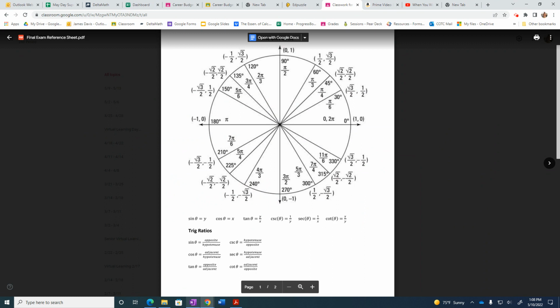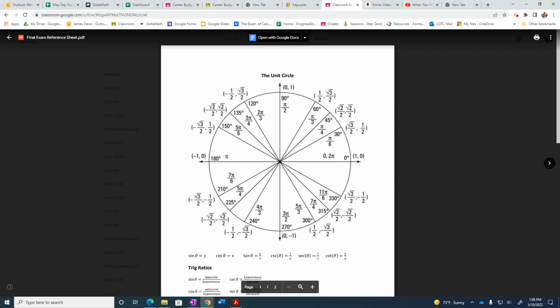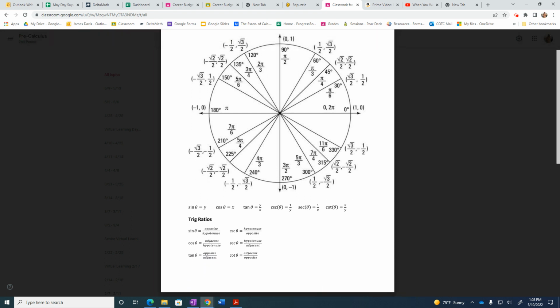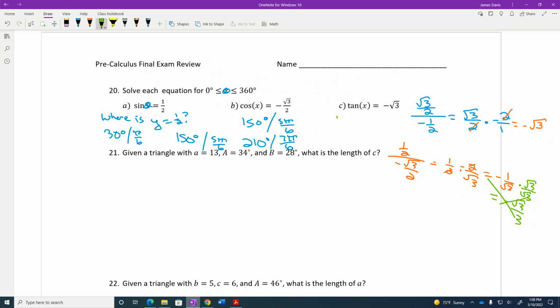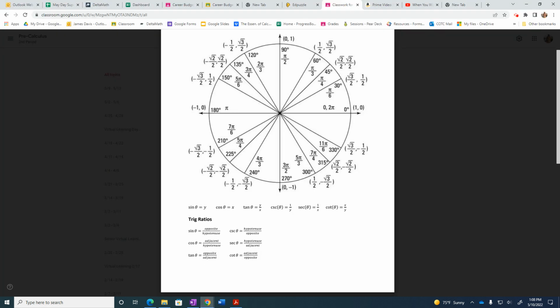So 2 pi over 3. And if you just follow that along, over here, you get the same one here. It's just the negatives in the opposite spot, but it would still work for you, right? So 120 and 300, 2 pi over 3, and the other one here is 5 pi over 3.